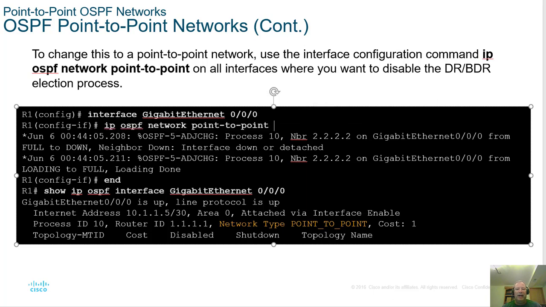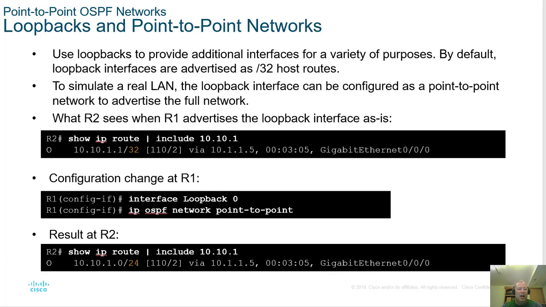That'll set it as point-to-point, and it will essentially turn off the BDR election process. You don't have to do that on serial interfaces, but you can if you want to. If it is a point-to-point situation, then you can set it up that way. So that's something you can do also.